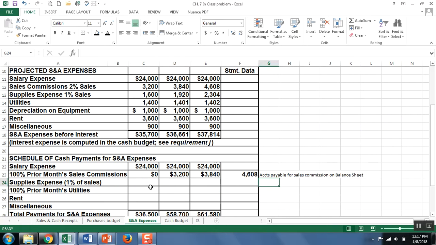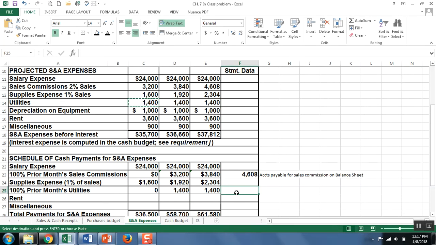All right. Supplies expense is paid in the month of. Utilities are paid in the following months. We have zero from September. October is paid in November. November's is paid in December. Sorry, this is 1,400.